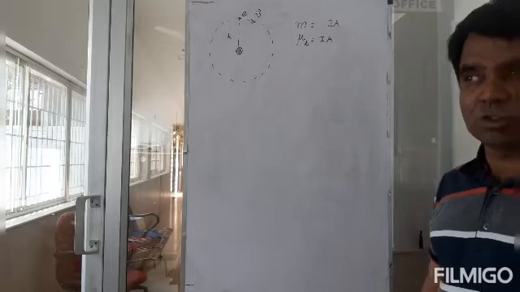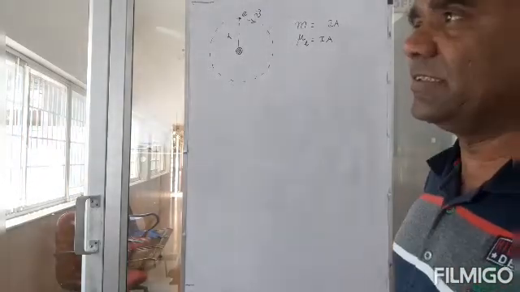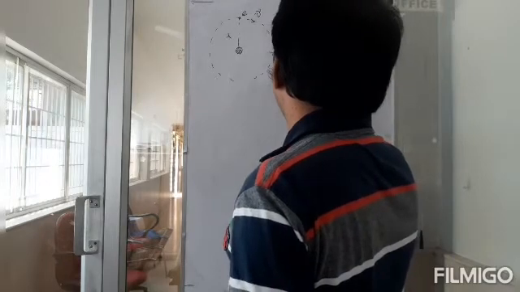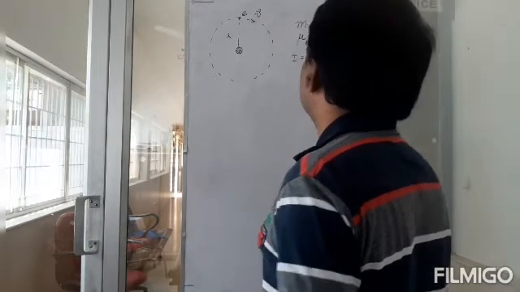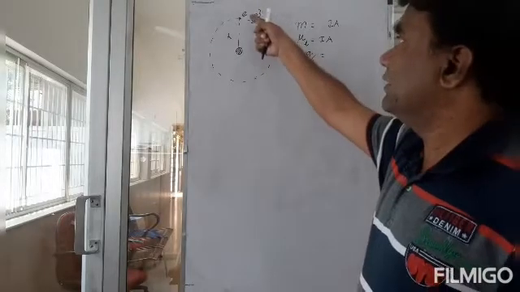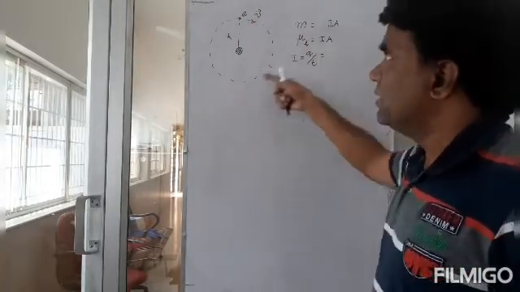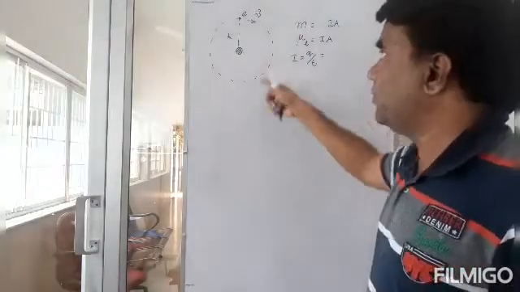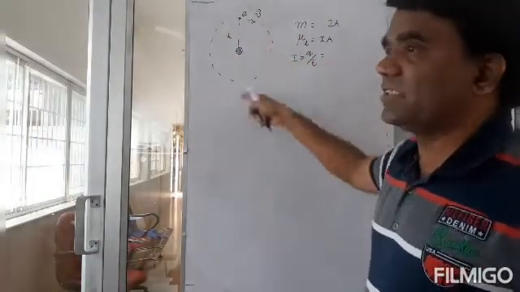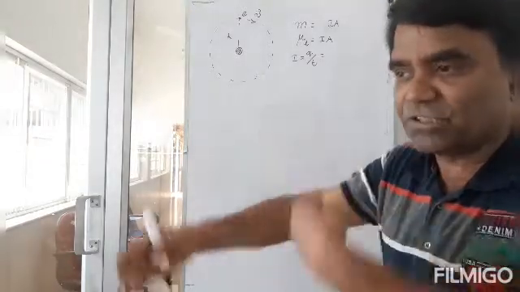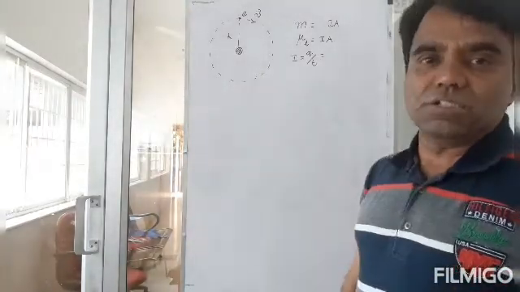How do you find the current? Current is simply charge per time. E is the charge, and it makes one round, it comes back again. So what's the current then? E divided by the time it takes to complete one circle.